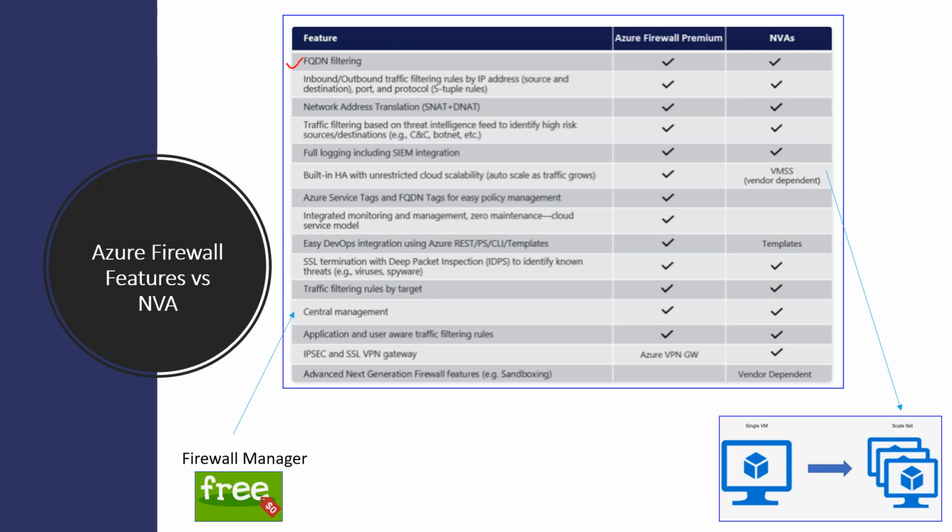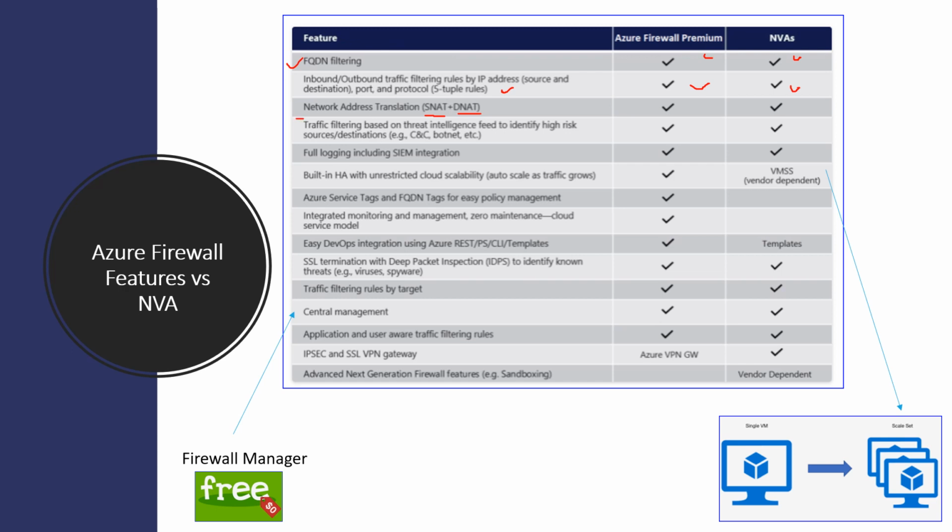And this is supported by Azure Firewall, and it is also supported by NVAs. Inbound, outbound traffic filtering by 5-tuple rules, that's very common. It is supported by Azure Firewall and NVA as well. Then you have SNAT and DNAT support. SNAT is source NAT and DNAT is destination NAT.